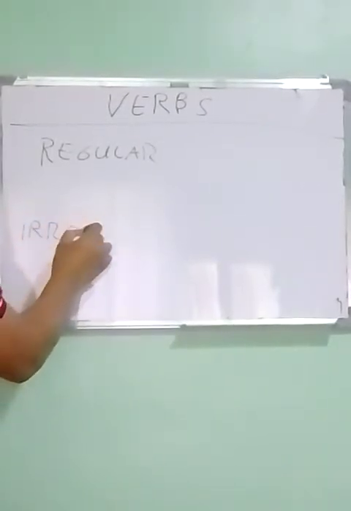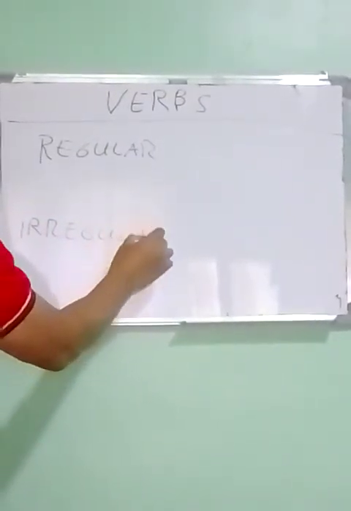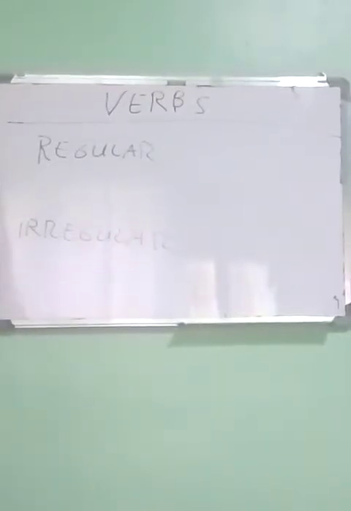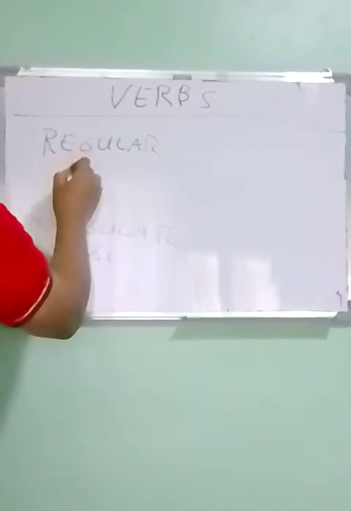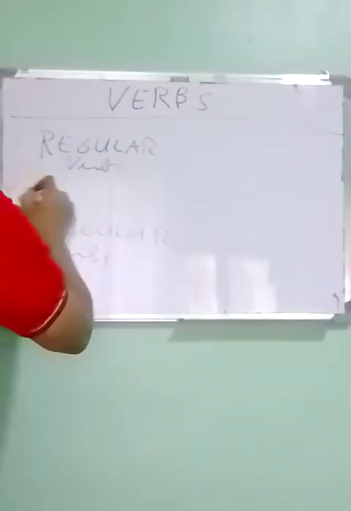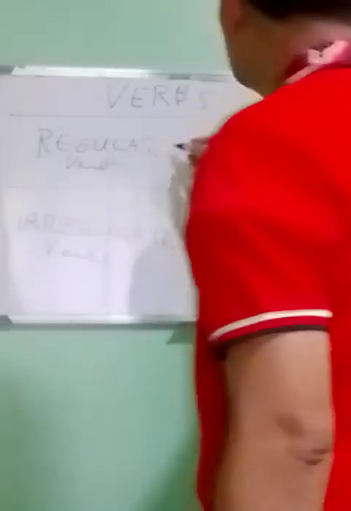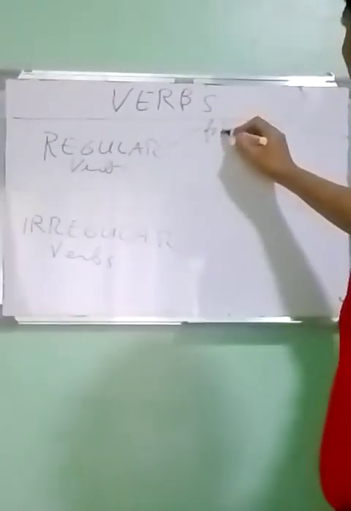So remember that these are two types wherein you cannot do away without: regular verbs and irregular verbs. So what are regular verbs? The regular verbs follow a typical pattern.